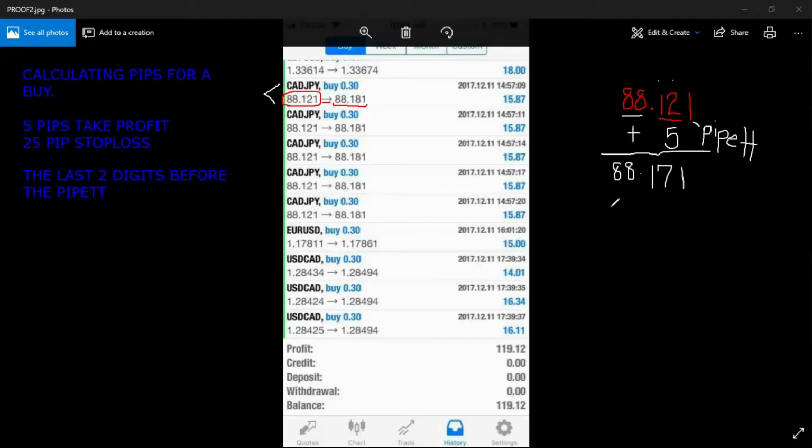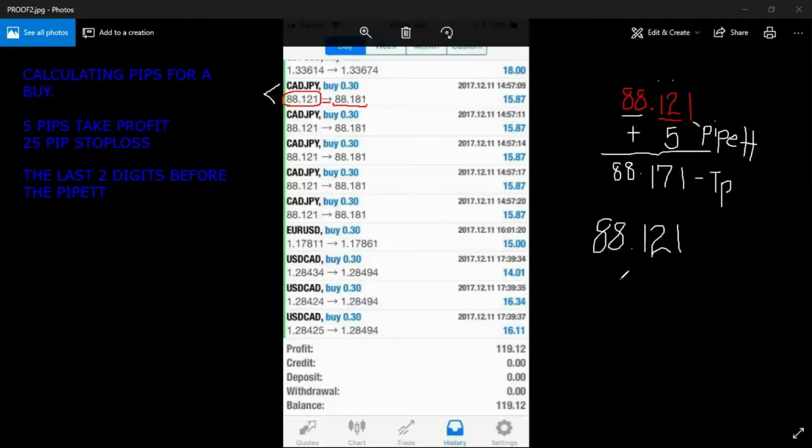Now, the stop loss. You would subtract 25. This is where it gets a little difficult for some people because of the numbers, so I highly recommend using your calculator. The same rules apply when searching for the stop loss.